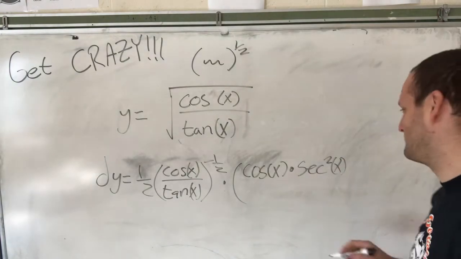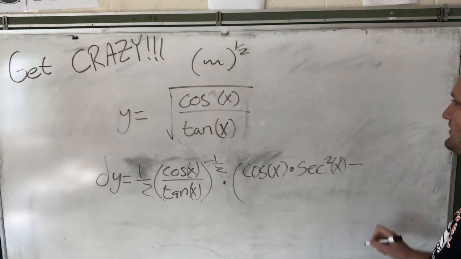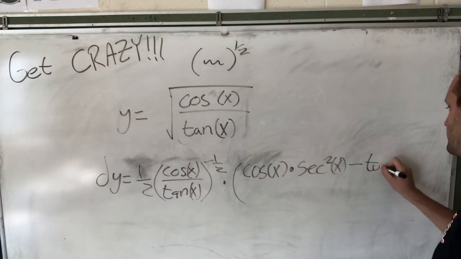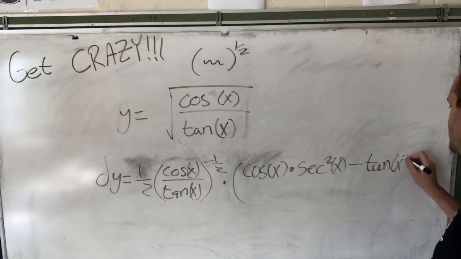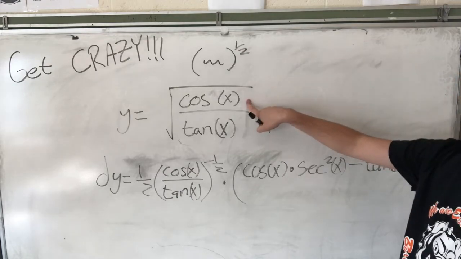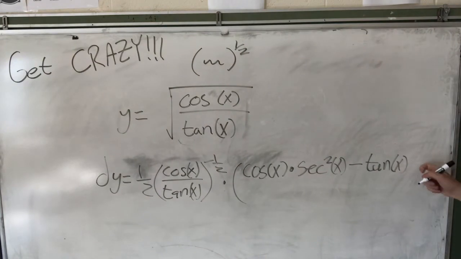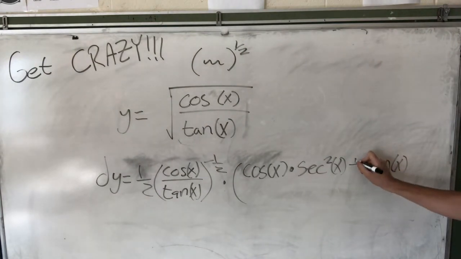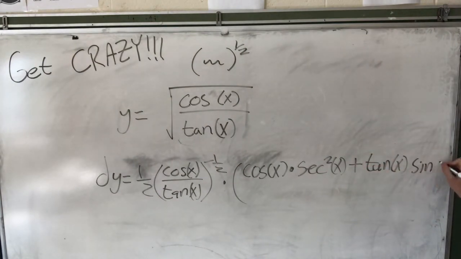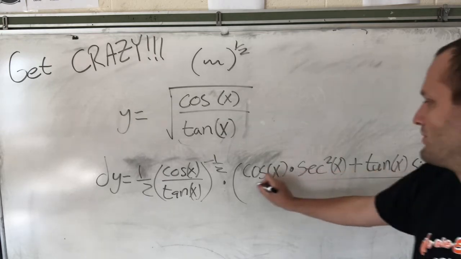Hey, that's nice of them to do that. Minus the bottom times the derivative of the top. The derivative of the top is negative sine. So if we get negative sine here, can I use that negative and turn this positive? Yeah. Divided by the bottom squared.